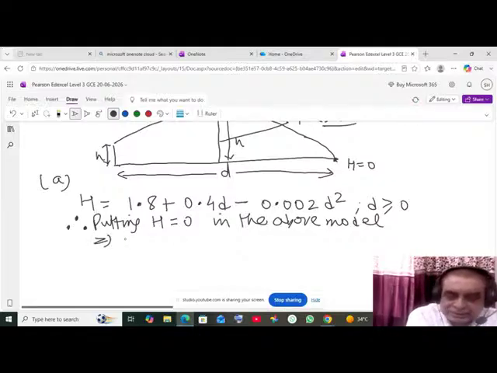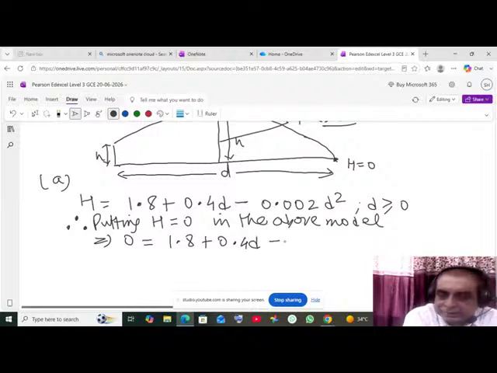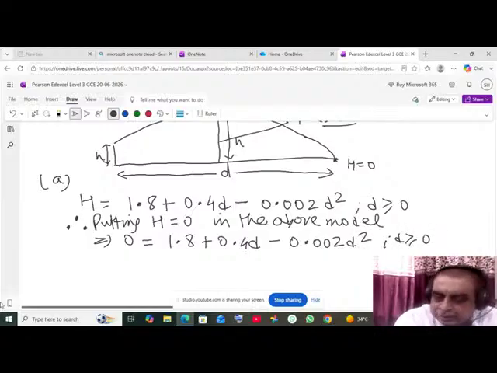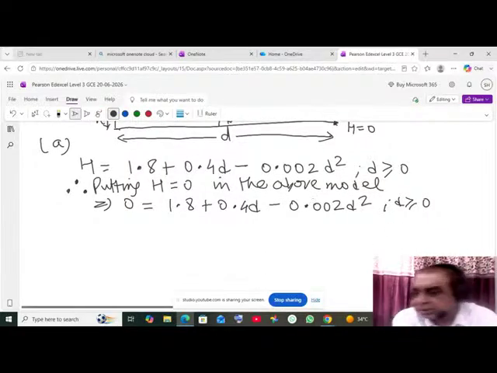So we get here 0 equals 1.8 plus 0.4d minus 0.002d squared, and d is greater than or equal to 0. This is a quadratic equation in terms of d.